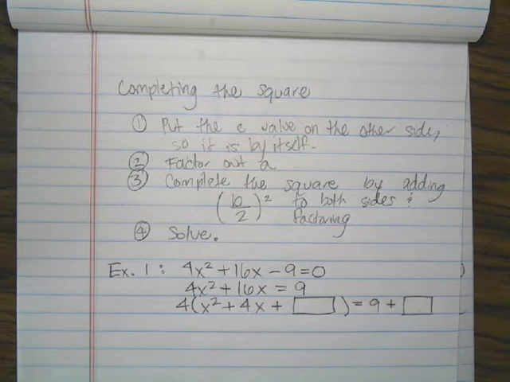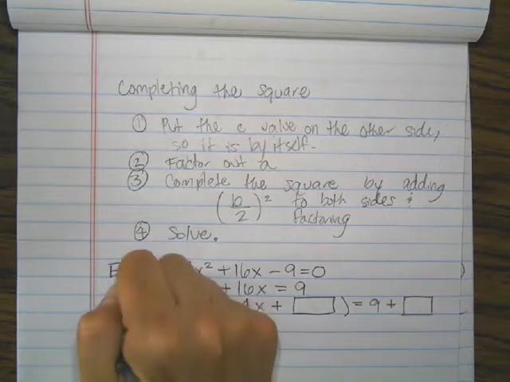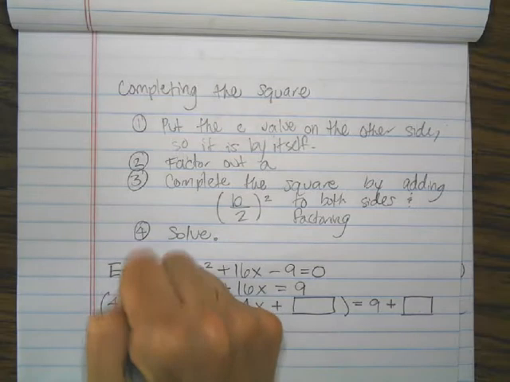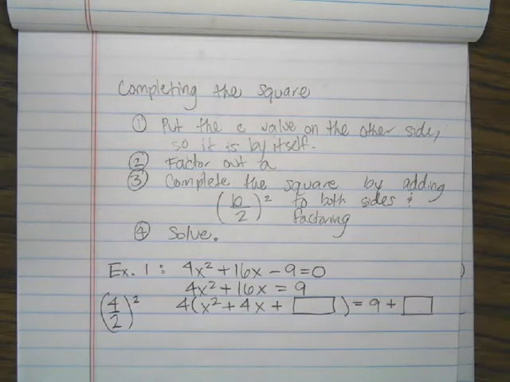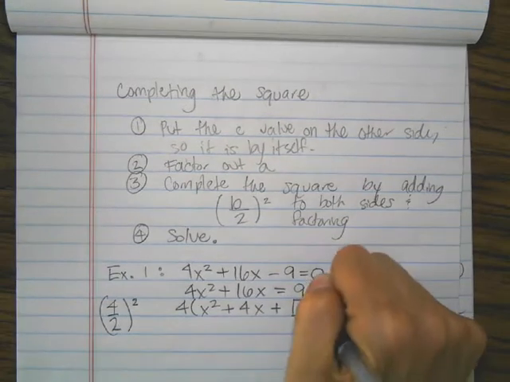So step 3 says complete the square by adding b over 2 squared to both sides and factoring. So, what is the b value here now? 4. So, I say 4 over 2 squared. So 4 over 2 is what? 2, and then squared is 4. So I put 4 in here.